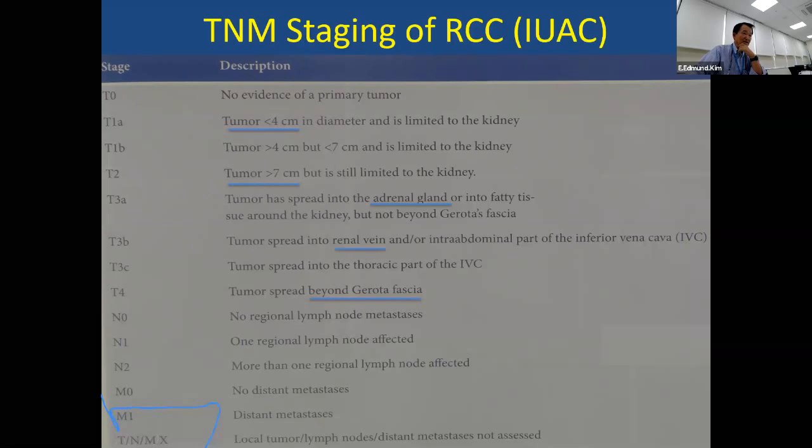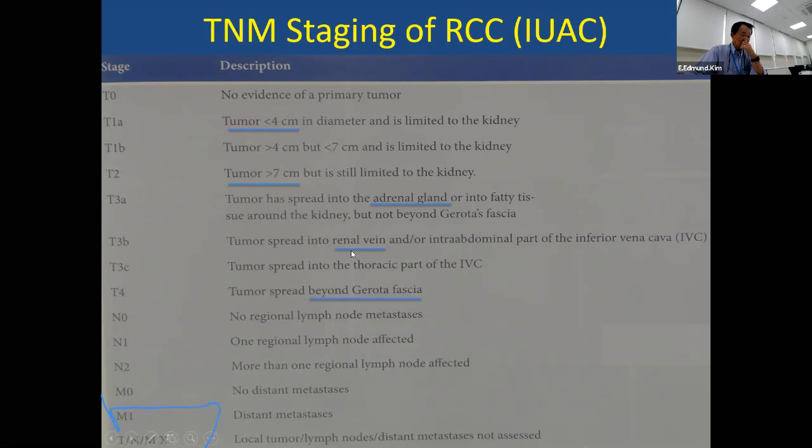For the classifications, usually at the time we diagnose renal cell it's T2, greater than 7 centimeters. They don't have symptoms until they reach 7 centimeters. So 4 and 7 by size, stage 1, 2.